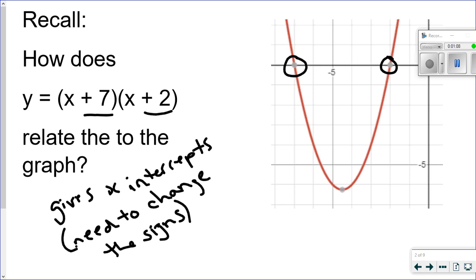Okay, so here we have a -7, and it's a +7 in the equation. Here we have a -2, and it's a +2 in the equation. So it's the same numbers. There's no math involved. We just got to change the signs.